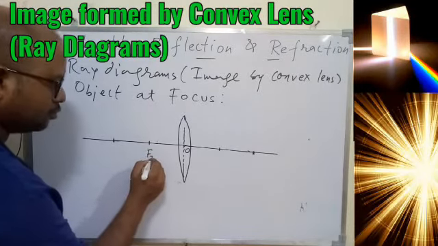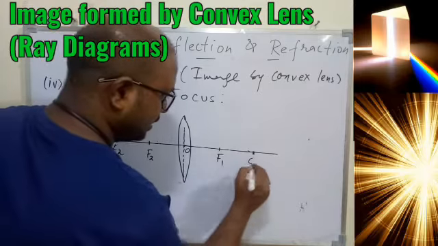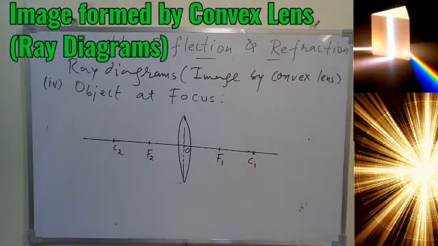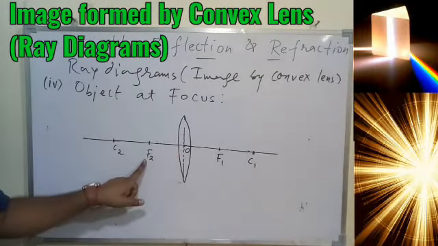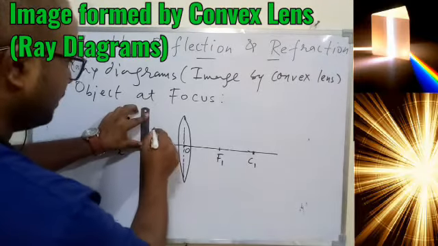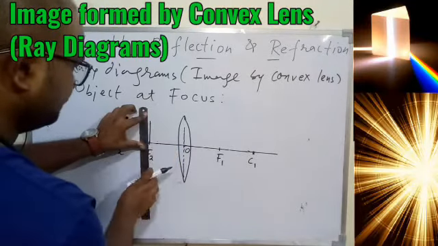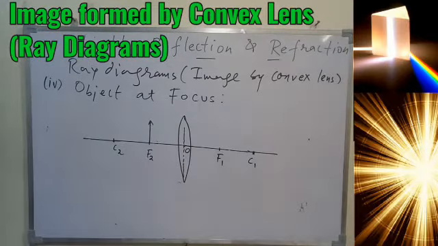So this is my F2, C2, F1, C1. So the situation given to us is object at focus, means in front side, that is we are talking about F2, okay. So we must place it at this particular position, and let's see what will happen to the image.